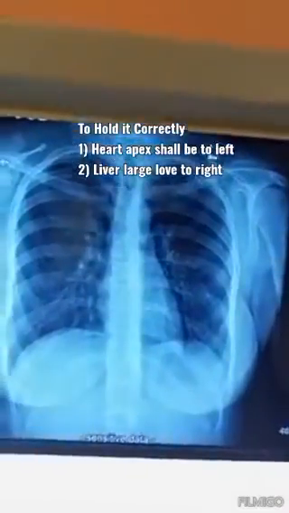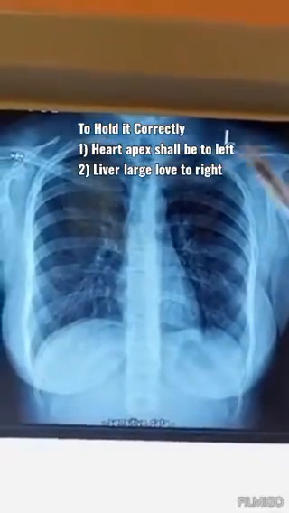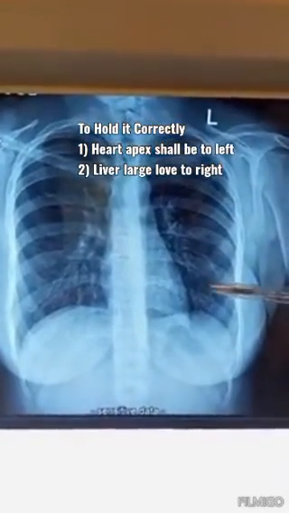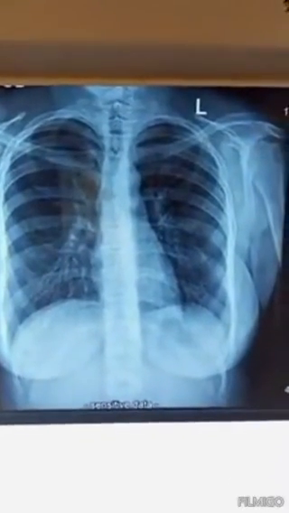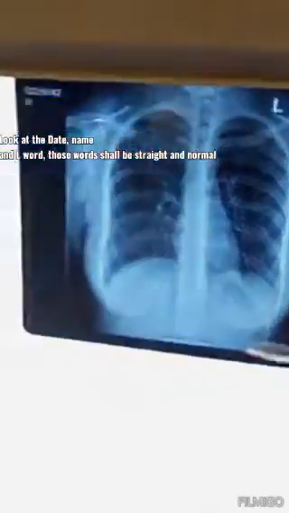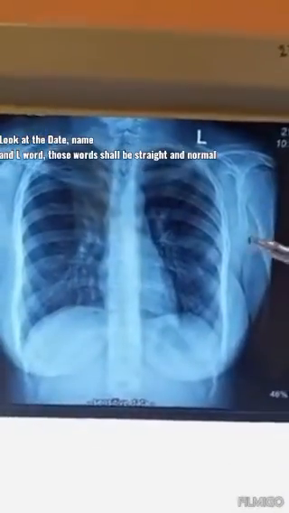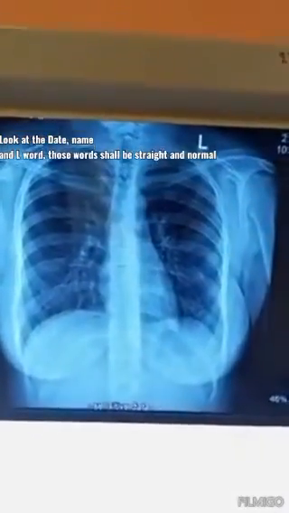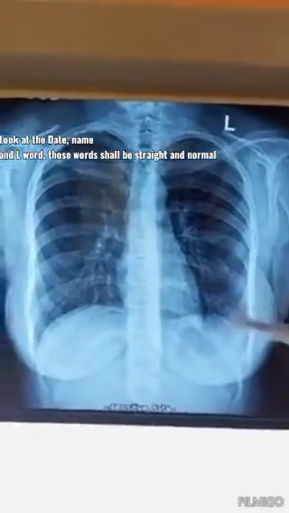So once you see a chest x-ray, first of all you have to look: is it correct or not? Have I placed it in the correct position on the radio board? These are the radio boards on which we illustrate the chest x-ray, with the light in the background to show the image clearly to us.